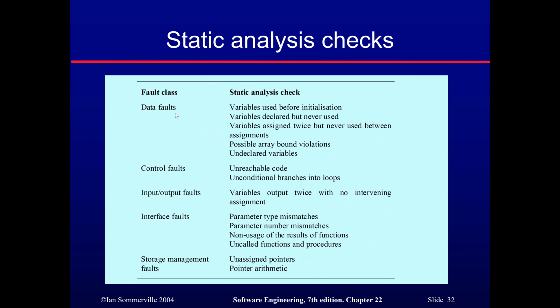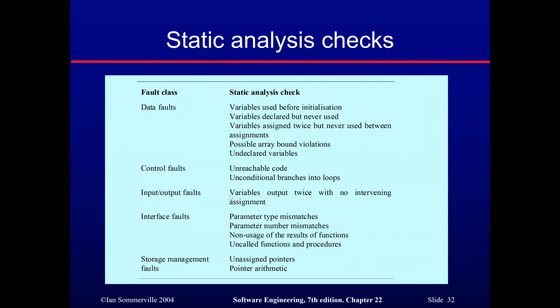For data faults: variables used before initialization, variables declared but never used, variables assigned twice but never used between assignments, possible array boundary violations, undeclared variables. Control faults: unreachable code, unconditional branches into loops.